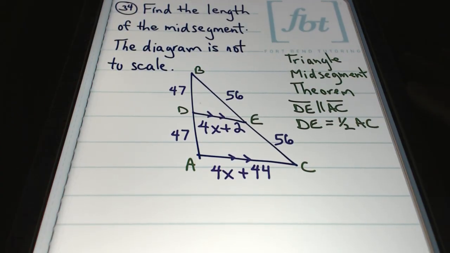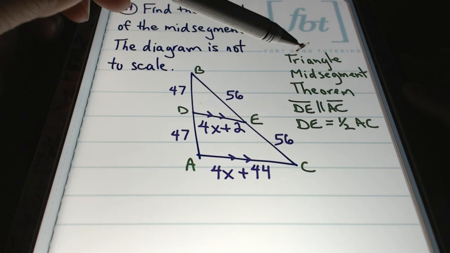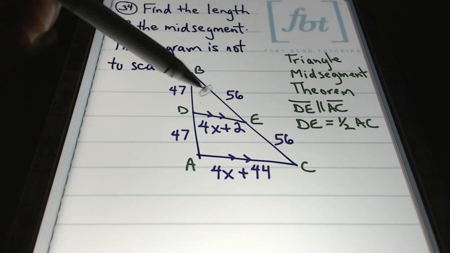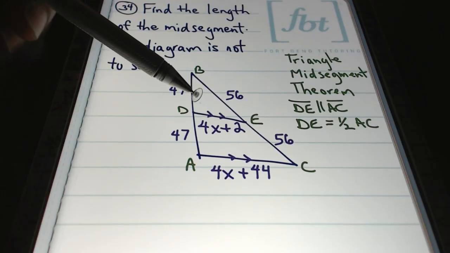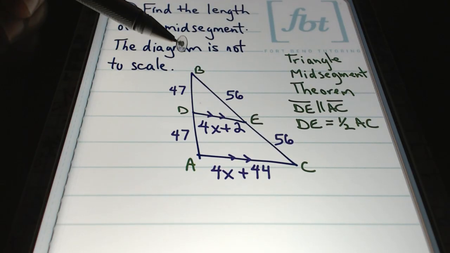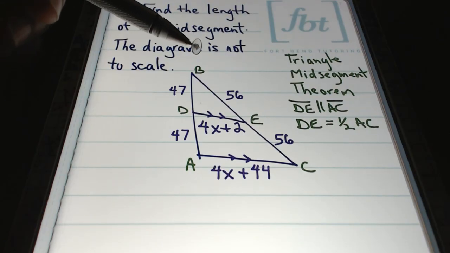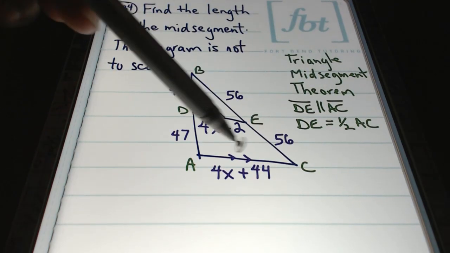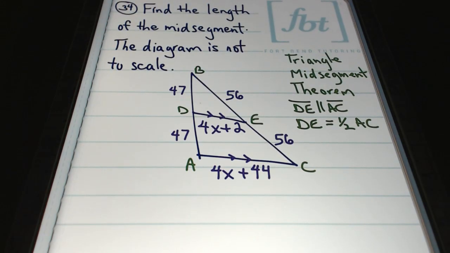Once again, what Chosen Creeper is talking about, getting a reminder of all of these rules in geometry. Well, one of those rules is the triangle midsegment theorem, and it states that if you have two parallel line segments within a triangle, that parallel line segment must be the midsegment. The way it works is that the midsegment is going to be half the length of the base.